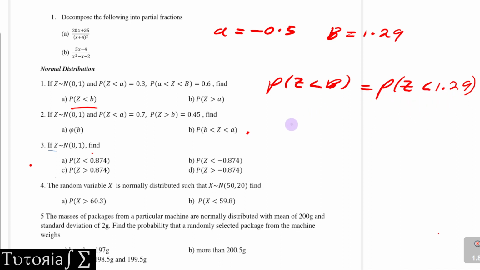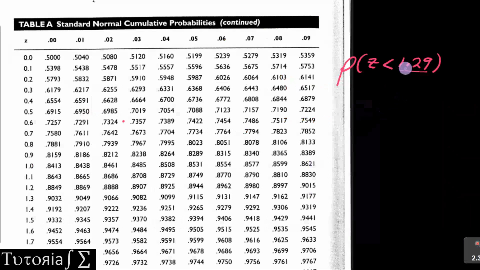So we can just go on the table. So we look for 1.29 on the table, and that will give us 0.9. Okay, so again, if you've forgotten how we check for that, if you are looking for 1.29, first of all, you look for the first two digits.